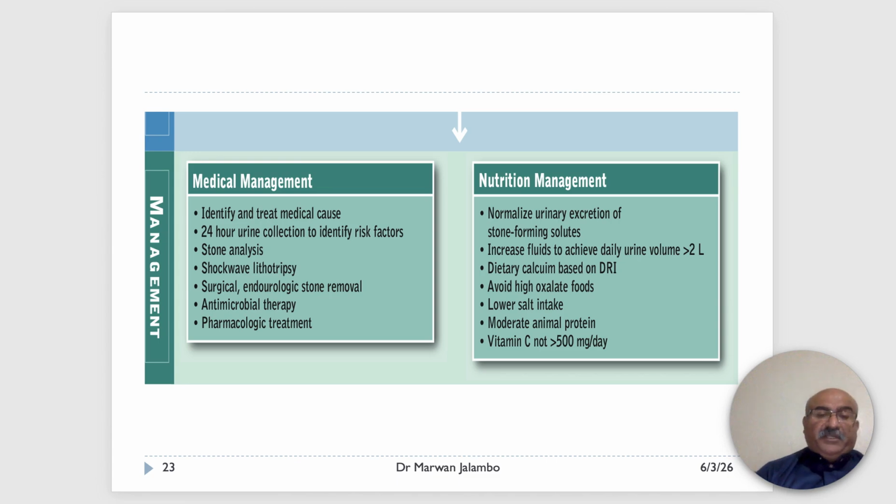Regarding the nutrition management, the nutritionist and patient's job: hydrate, increase the fluid to make sure you produce more than 2 liters of urine a day. This is the first prevention rule. Balanced diet.